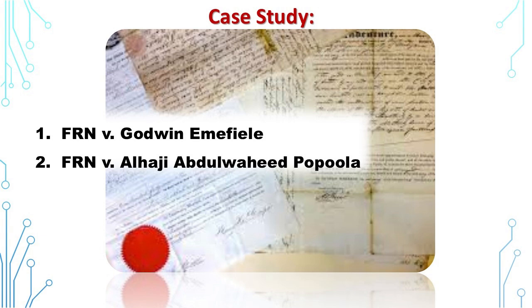Another case study is Federal Republic of Nigeria versus Alhaji Abdul Wahid Popola in the High Court of the FCT. The issue: the defendant was accused of forging a Ministry of Federal Capital Territory offer of terms of grant, that is a right of occupancy, to obtain 2.05 million from a complainant. What is the forensic application in this case? The FCC collaborated with the Abuja Geographic Information Systems, the AGIS.